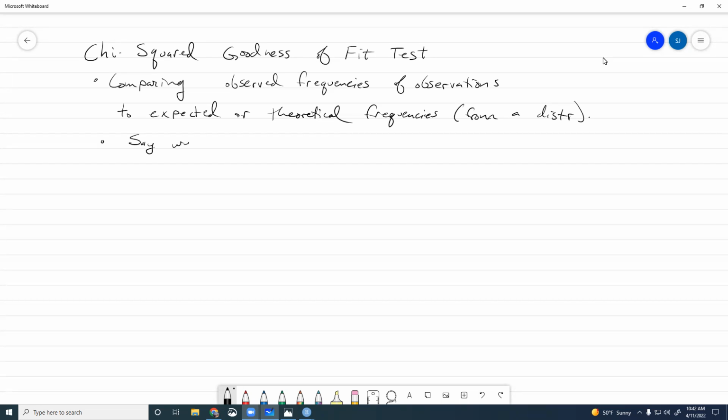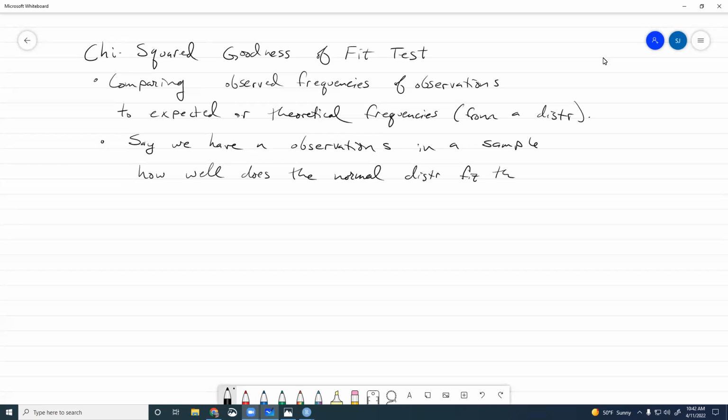So say we have n observations in a sample, and we want to see how well the normal distribution fits the data.